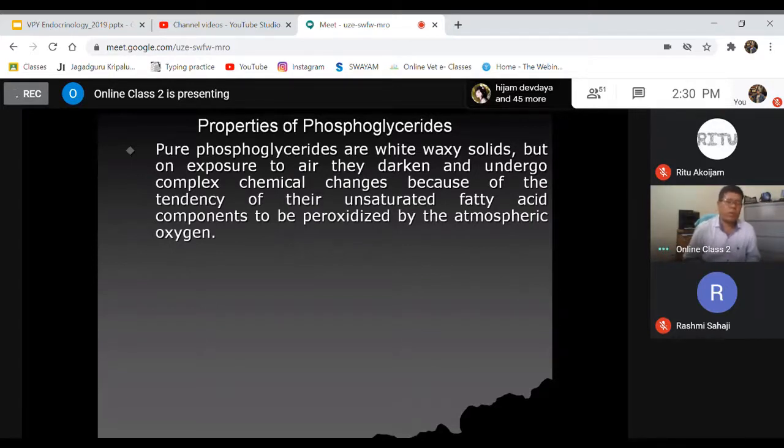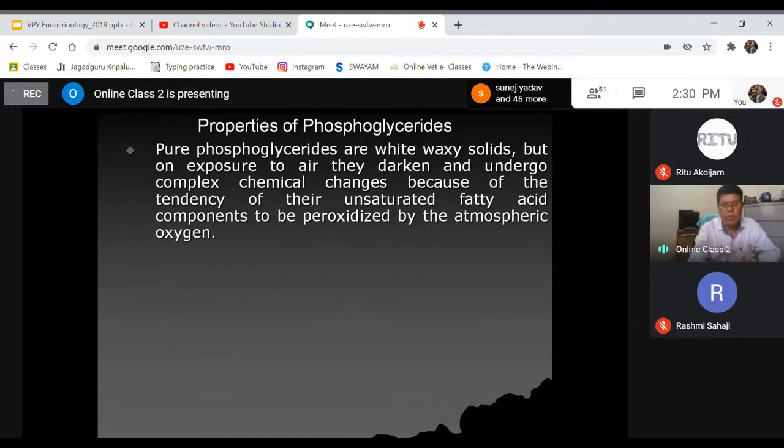So when it is not exposed to air, the fresh phosphoglycerides will be quite waxy solids. But when it is exposed, the molecular oxygen will react with the double bonds present in the fatty acid side chain.